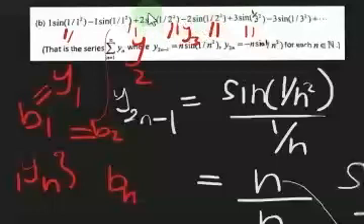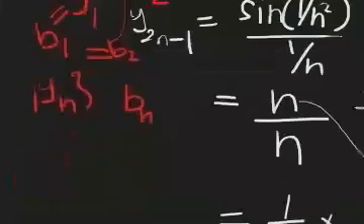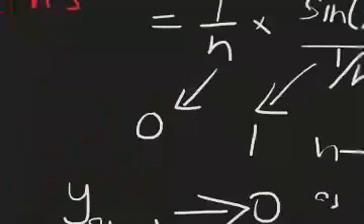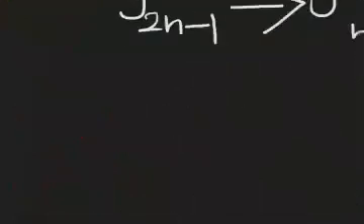We know that b sub 3 and b sub 4 are the same, but we have to show this sequence is monotonically decreasing. So let's show that, right?